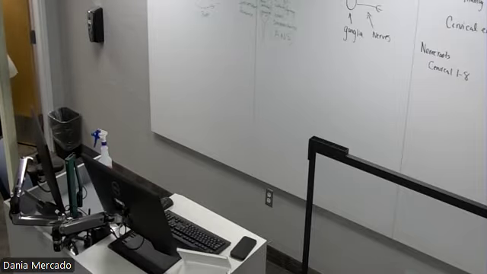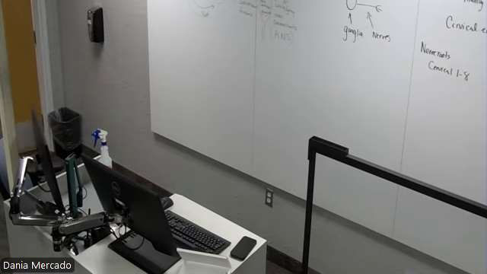What is the name of this pathway? Where is it going from? Where's your primary motor cortex? Yeah, so it goes from the primary motor cortex in the frontal lobe to the spinal cord.